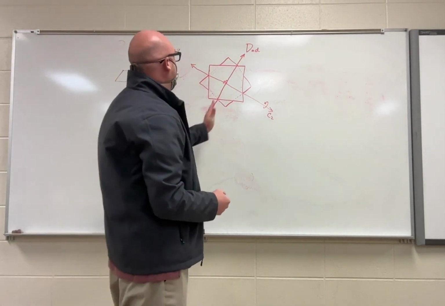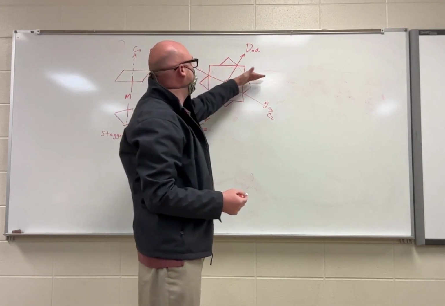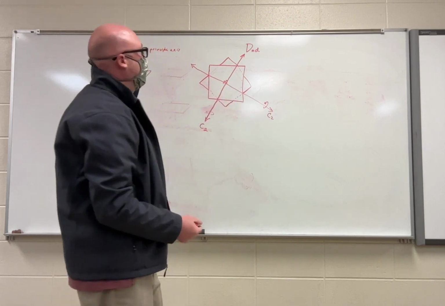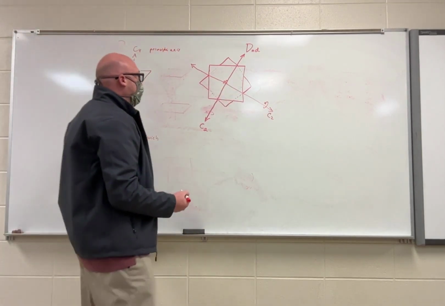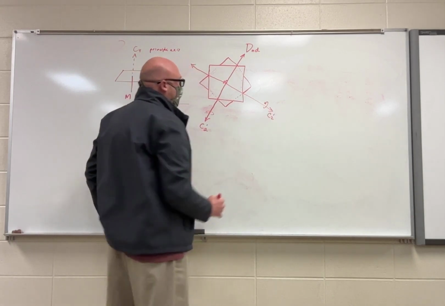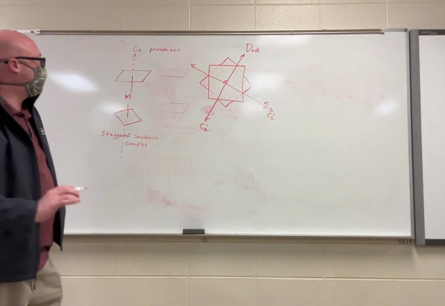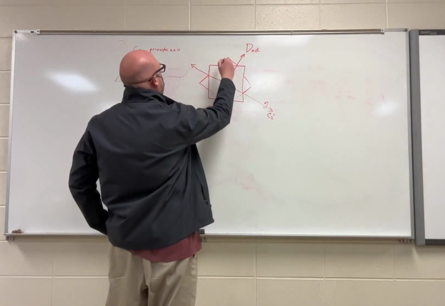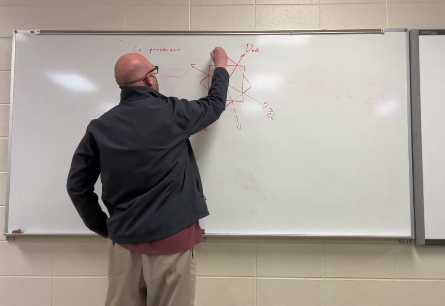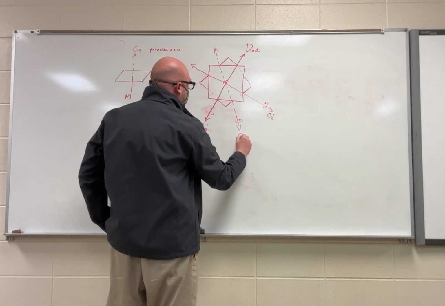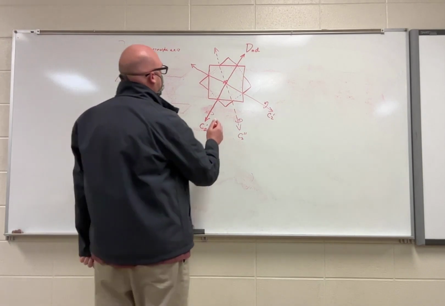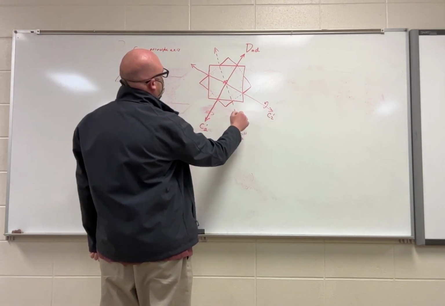And then there are two other C2s which bisect the angle formed by these perpendicular C2s. And they are in a different symmetry class, right? So we might call this C2 prime just to indicate that those are in the same class. And then the other C2s, one being here, we might call that a C2 double prime, just to indicate the different class, because the C4 does not generate this C2.